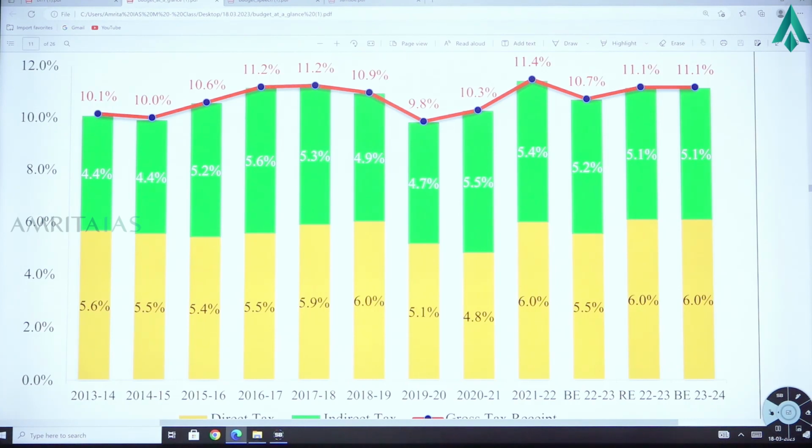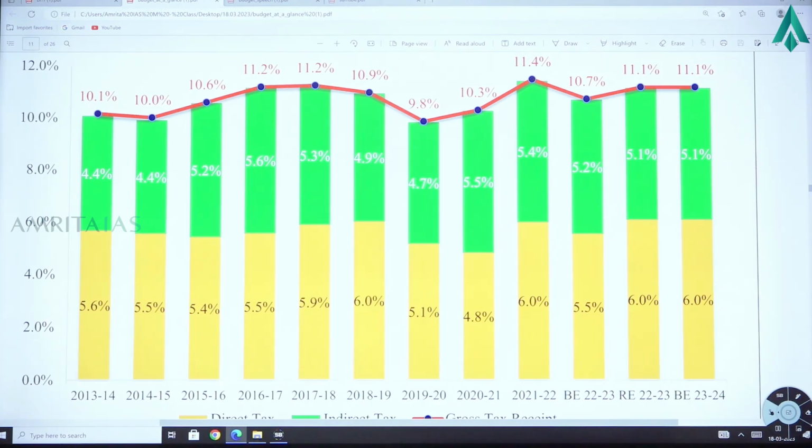Anything that you can draw? 11.1% is the total tax collection as a percentage of GDP. As a percentage of GDP, 5.1% is your GST and 6.0% is your direct taxes.